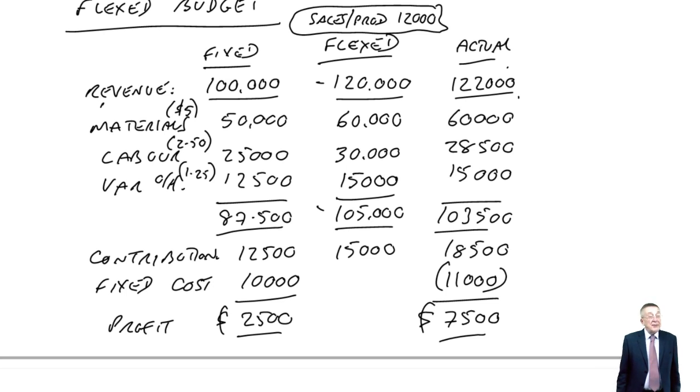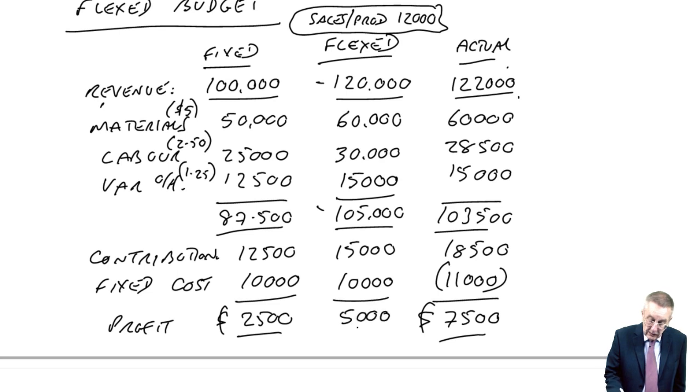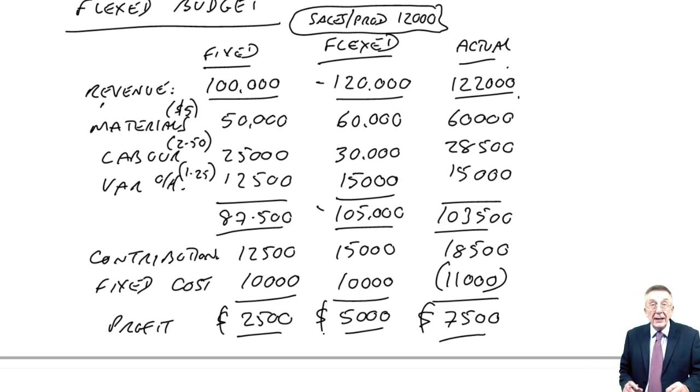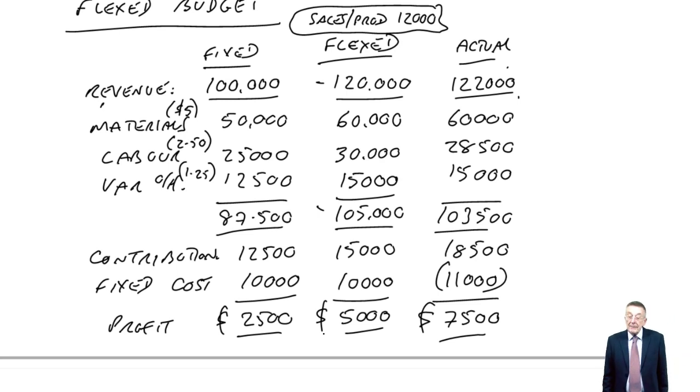Fixed overheads, of course, by definition, should have remained fixed at 10,000. And so although the original fixed budget was for 2.5, because we sold and produced more units, even if everything else had gone perfectly, I would have expected to make 5,000.